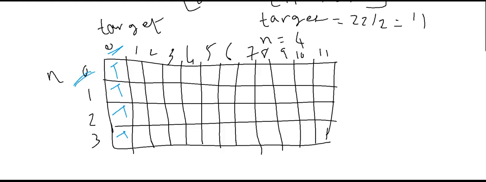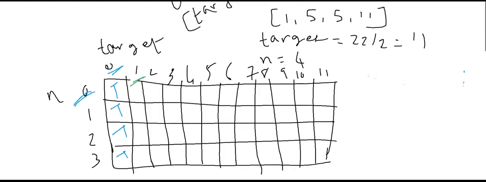So let's say our target is 1. Do we have nums of 0 as 1? Here nums of 0 is 1, which is equal to target, so this will be true.